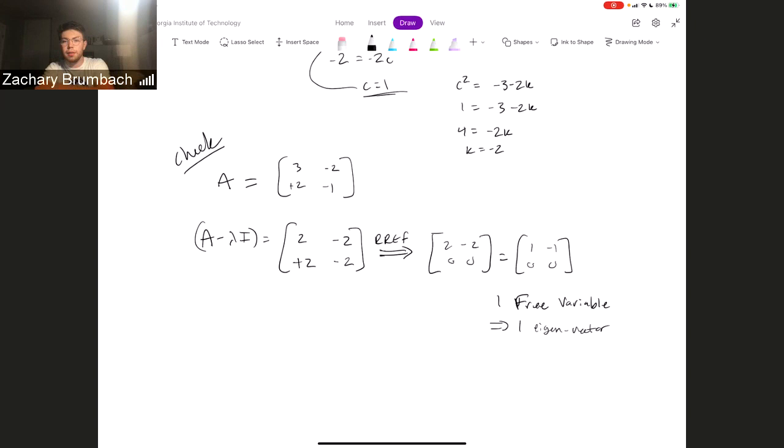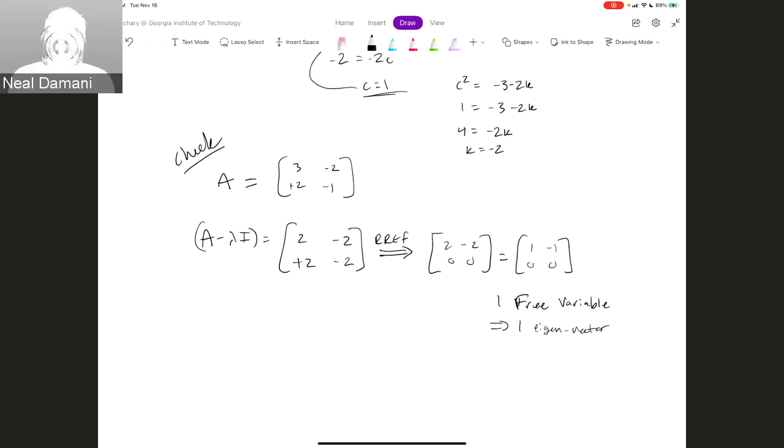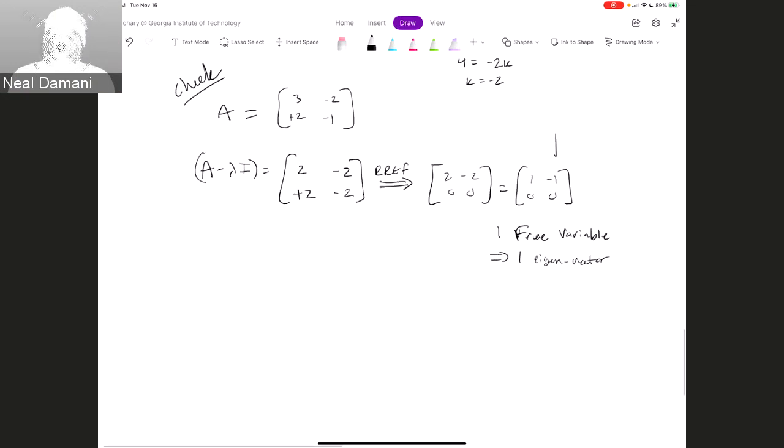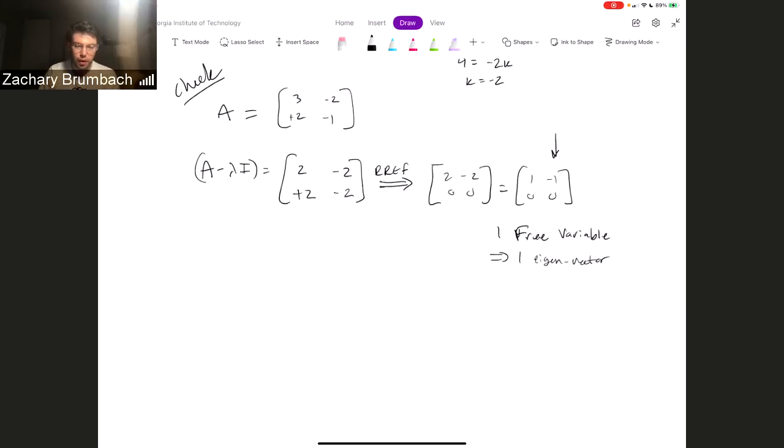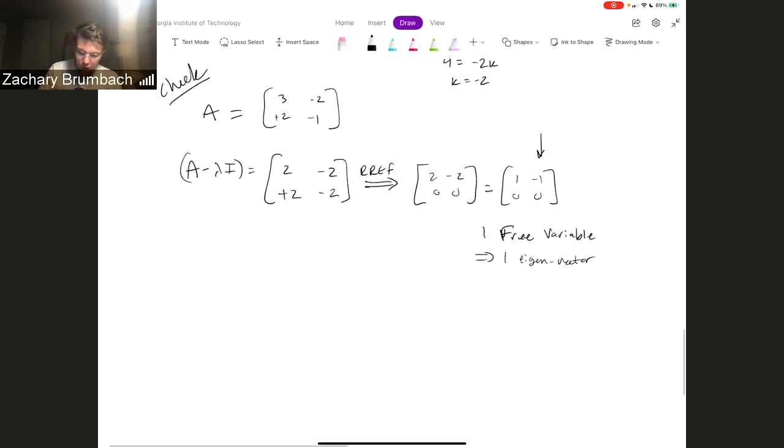Can I explain 9b and 17? How did you know that there's only going to be one eigenvector? We know there's only one eigenvector because right here we only have one free variable in our null space calculation, because that's what we're looking for. After we do A minus lambda I, we get this matrix, we row reduce it, and it's in row echelon form.